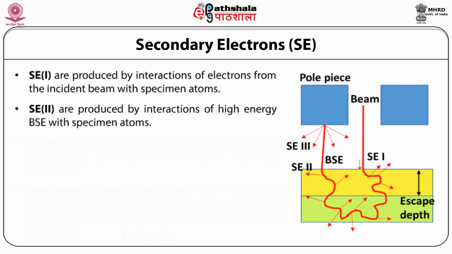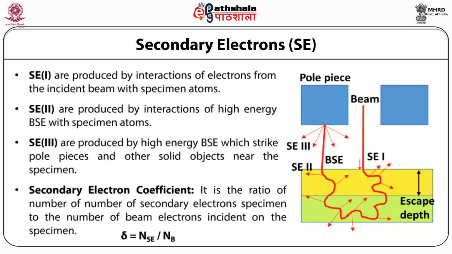The secondary electrons of the second type, SE2, are produced by interaction of high energy backscattered electrons with specimen atoms. Both lateral and depth distribution characteristics of backscattered electrons are found in the secondary electrons of type 2 signal, and thus it is a comparatively low resolution signal.